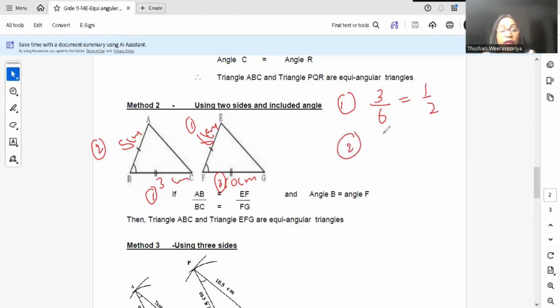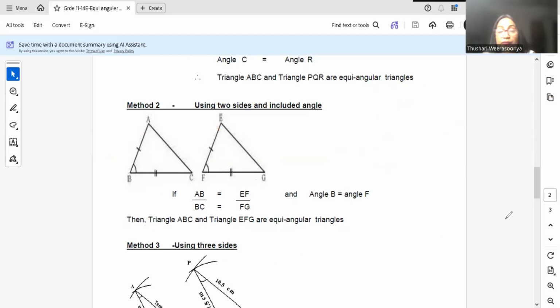Then the second one, 5 over 10, is 1 over 2. The corresponding sides are proportional and the included angles are equal. So we can say these two triangles are equiangular triangles.